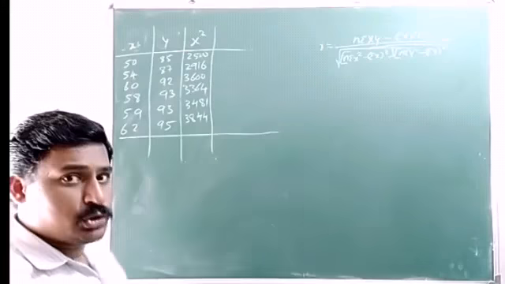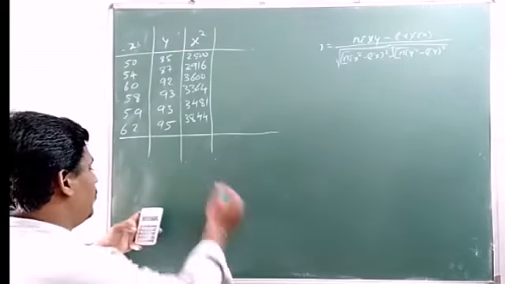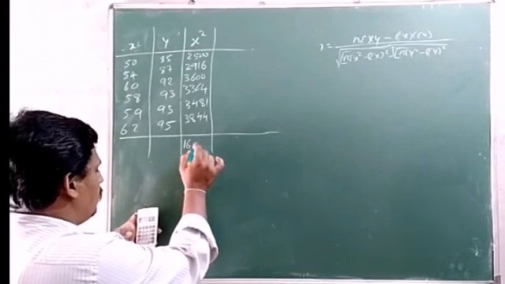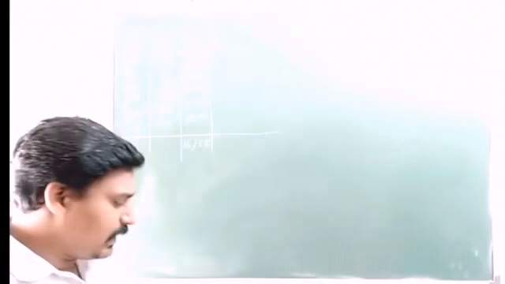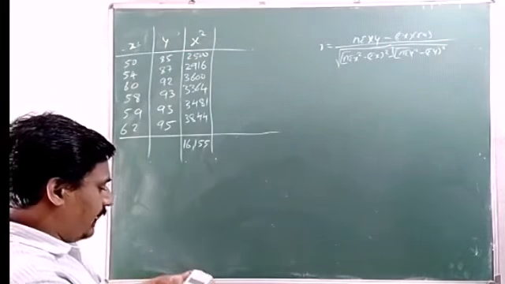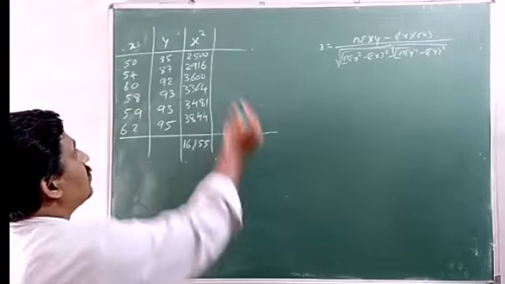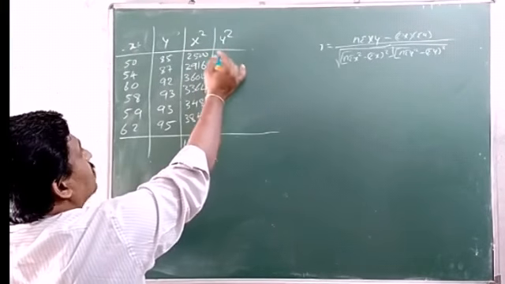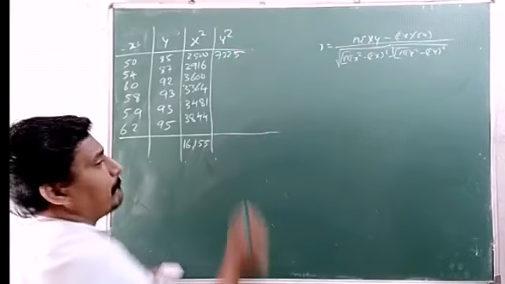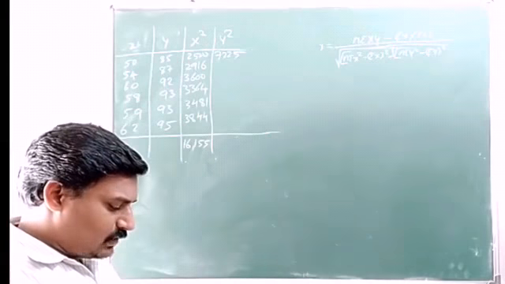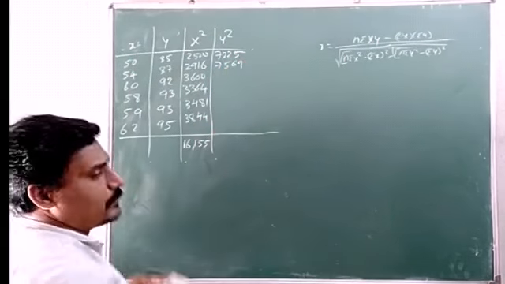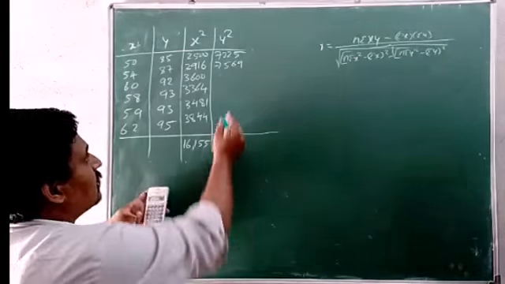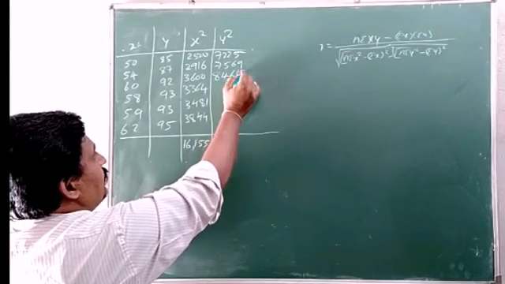Okay, the total of x square column is 16,155. Next column y square. 85 square is 7,225. Then 87 square is 7,569, and next 92 square is 8,464.